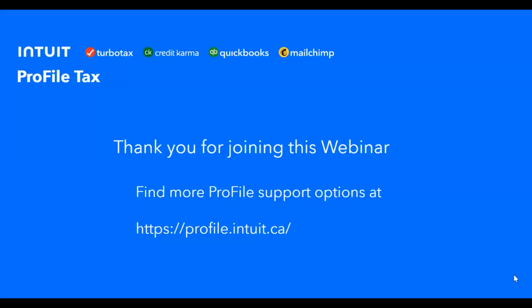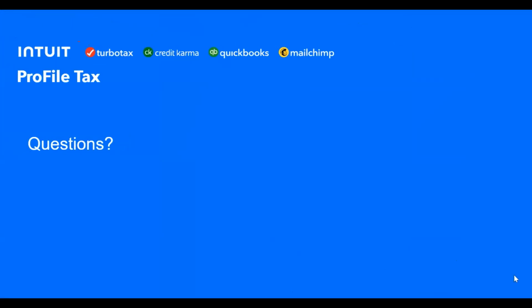Thank you for joining this webinar. We saw you can get information at the ProFile community. You can get that from ProFile support at the ProFile webpage, profile.intuit.ca, or through the help menu in ProFile. We have time for a few questions.